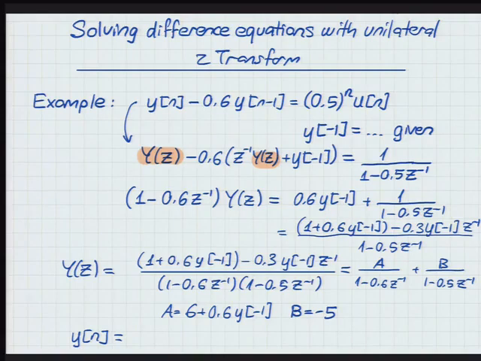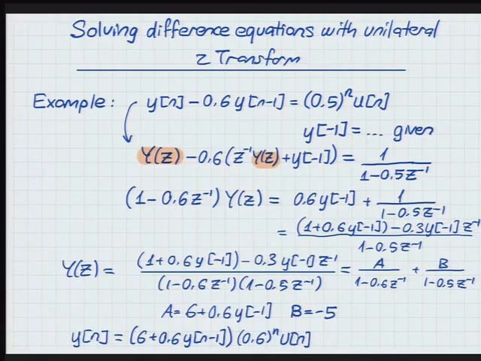Okay, so I'm going to first write A times the inverse of 1 over 1 minus 0.6 z inverse. So what does that give me if I do the inverse Z transform? 0.6 to the n times u of n, right?